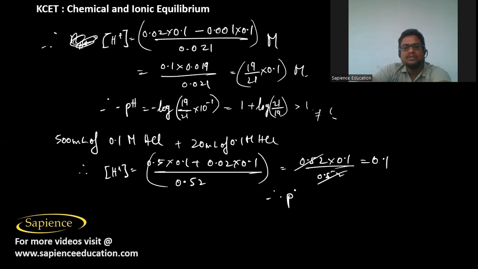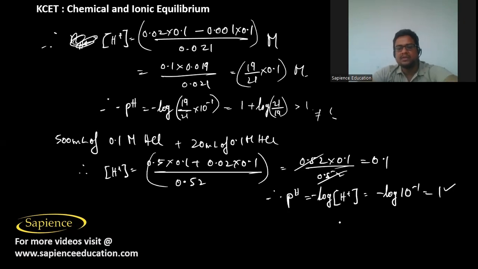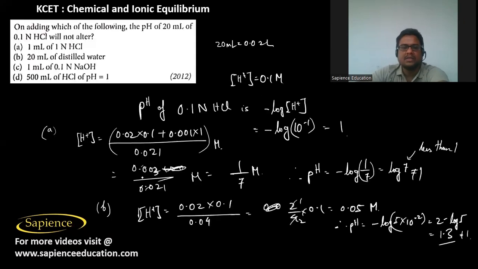So in this case pH will be equal to minus log of 10 power minus 1, that is equal to 1. So in option D only, the pH will remain unchanged. So option D is the correct answer.